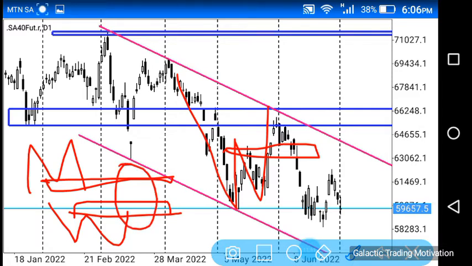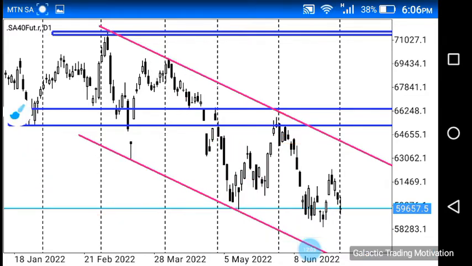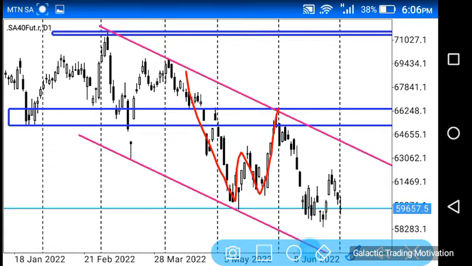But as I said, we would have been a bit more cautious had we sold here, because what may also have happened is that the market could have bounced off here, come here to retest the neckline of this W structure, and then from here pushed further up. That's one thing that could have happened as well.